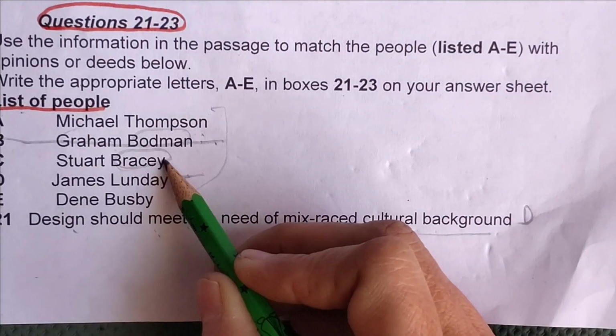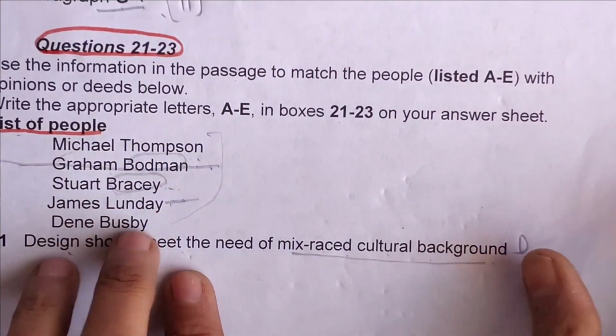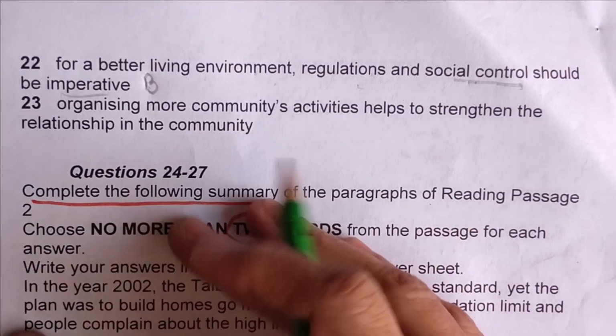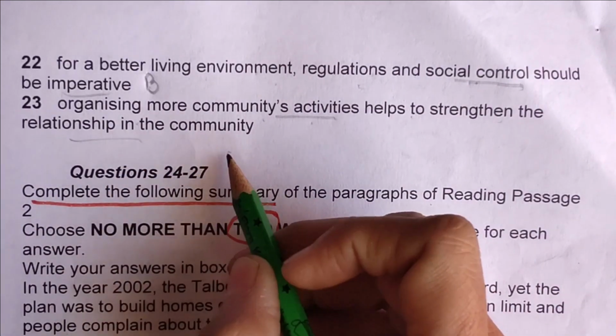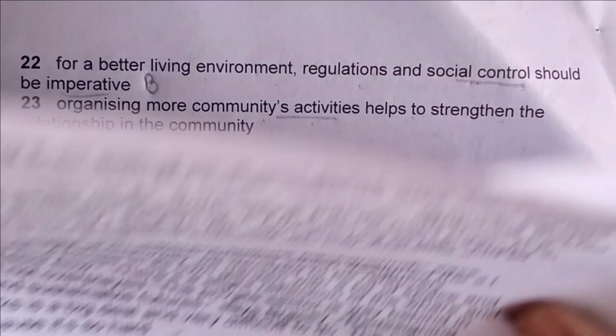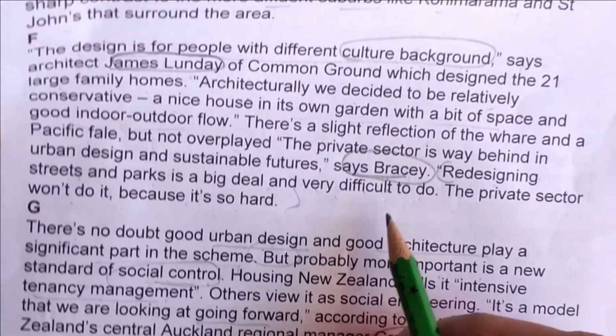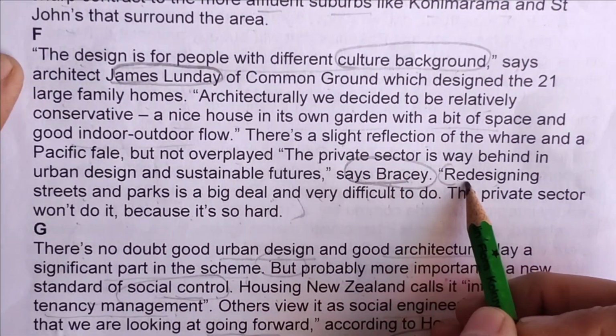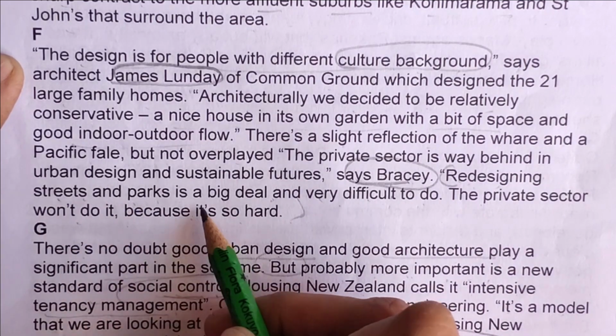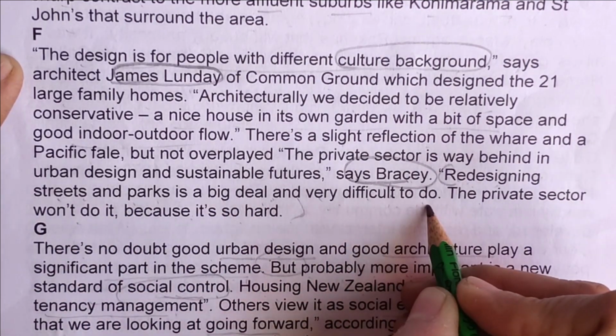And what was Bracy saying? Let's read the last option. Organizing more community activities helps to strengthen the relationship in the community. So Bracy was saying, you can see this Bracy. Redesigning streets and parks is a big deal and very difficult to do.